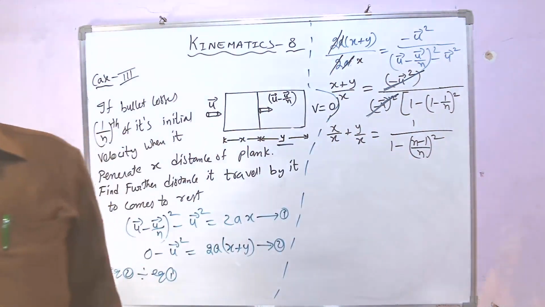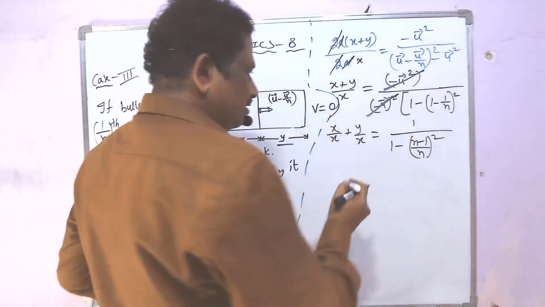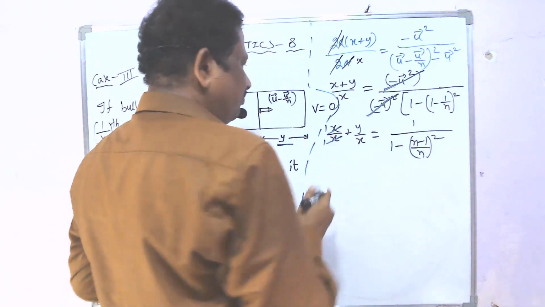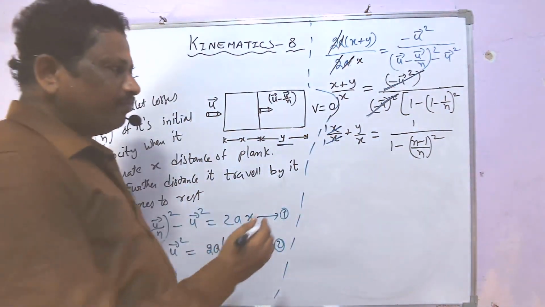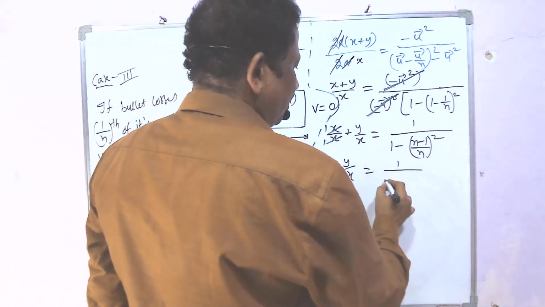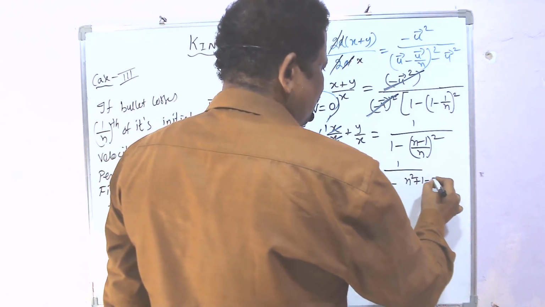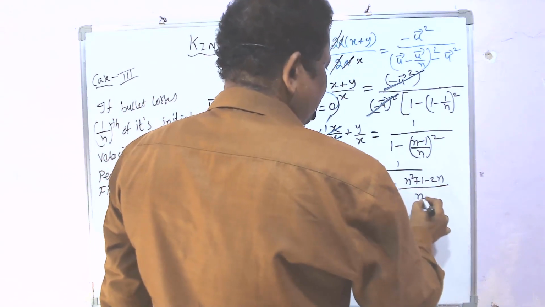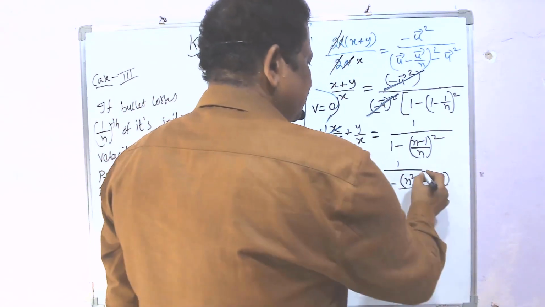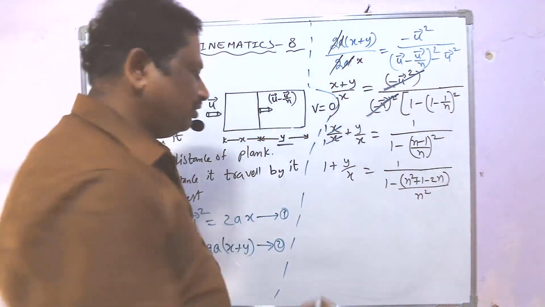Clear? So again x gets cancelled, 1 and 1. So that becomes 1 plus y by x is equal to 1 by 1 minus (a minus b) whole square, a square plus b square minus 2ab, by n square. Put in brackets. Okay. You take the LCM and send n square to the top.